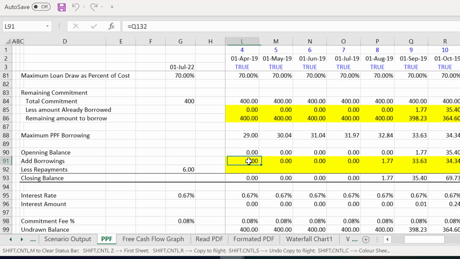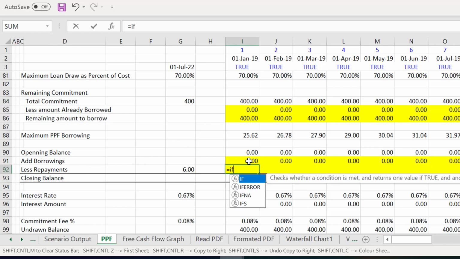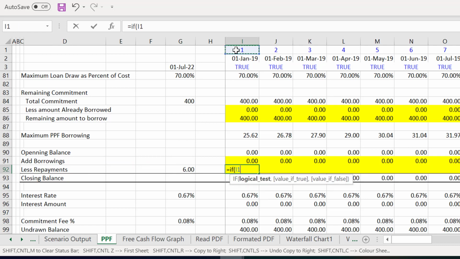Now, they told me that when you repay the debt, you repay it 6 months after you borrow it. So let's use an offset again, and this time we'll do it quickly.